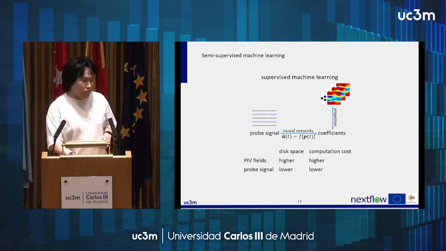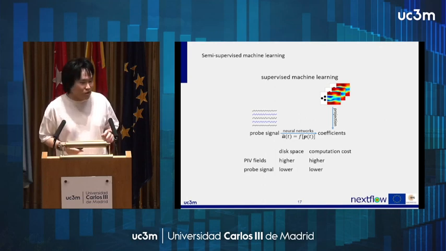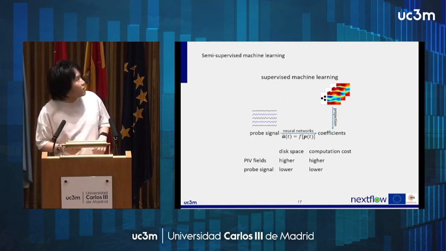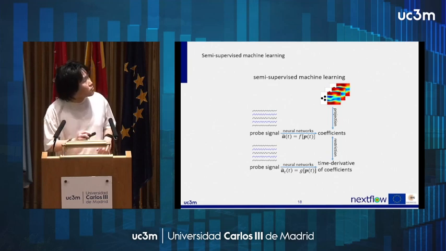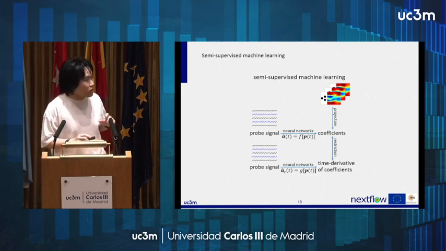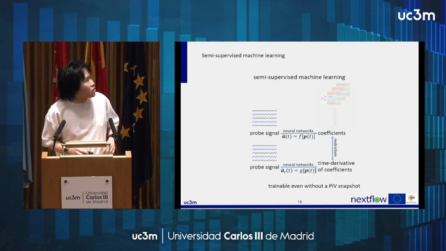So here comes the problem: can we use more probe data that is not labeled with PIV snapshots? The answer is yes. By introducing another neural network fitting the time derivative of the PIV coefficients from the probe data, we can train the model using the reconstruction of the coefficients and their time derivative.